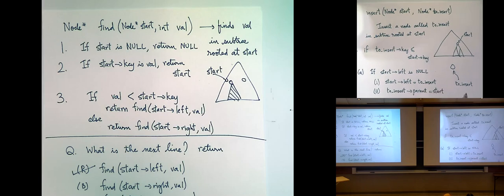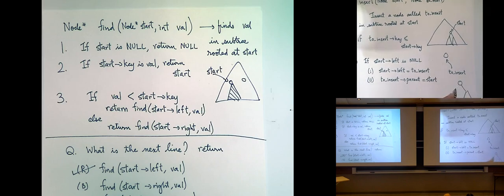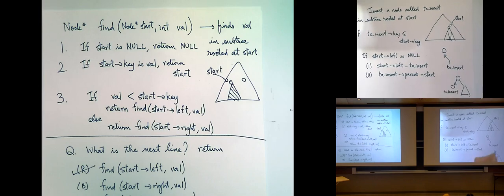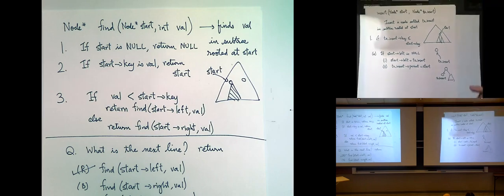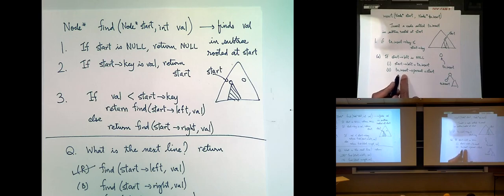So in this picture, this was start. Maybe there was something over here, but that was null. So you can just put toInsert right there. And of course, you have to set the parent pointers. I'm not drawing the parent pointers because then my figures will be really messy. As for the children of toInsert, that's a good question.